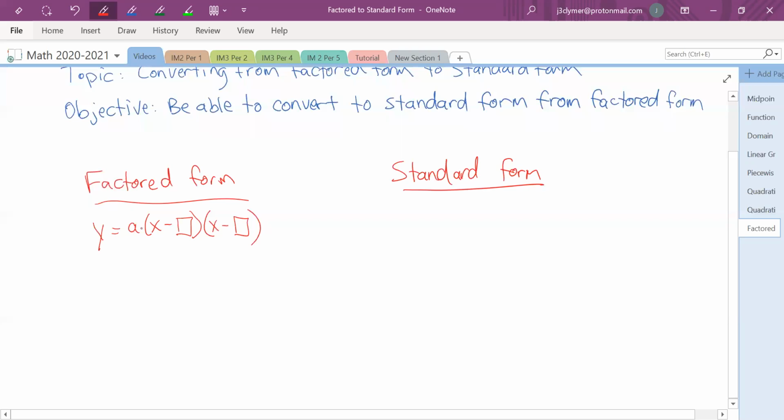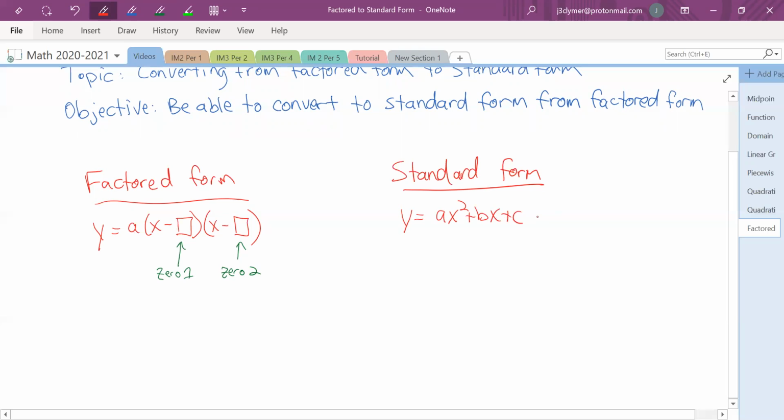So y equals a, x minus zero one, x minus another zero, zero two. That's factored form. Standard form is y equals ax squared plus bx plus c.